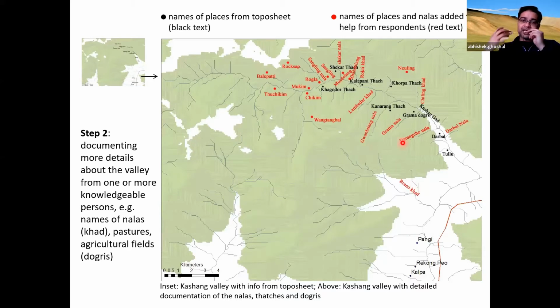And this helped us get familiarized with the area much better. And we had more confidence in ourselves when people started reporting that they had seen some particular species here, or they had seen, say, ibex in one of the pastures, but blue sheep in some other pasture. So we could relate. And that's really important.